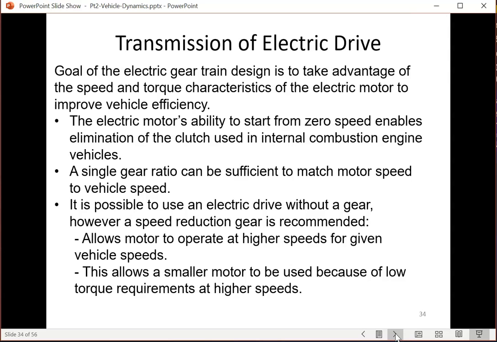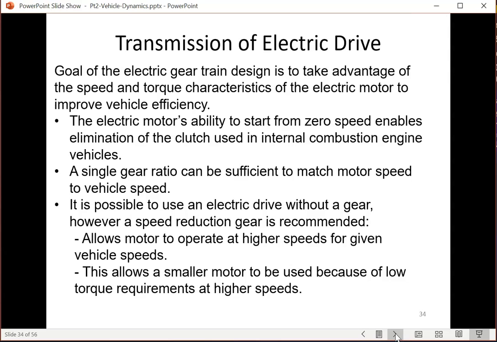The speed is a lot faster than what you would need for electrical vehicles, whereas torque is lower. So it is best to have some kind of gear ratio there, to make sure you don't over design the electrical motors. Therefore, you keep the size of the motor small.